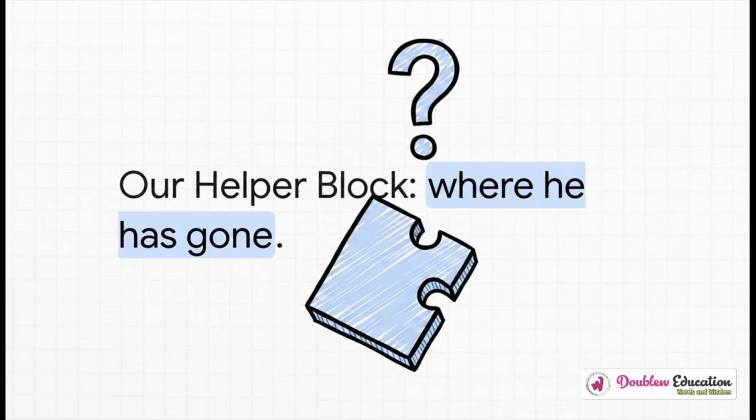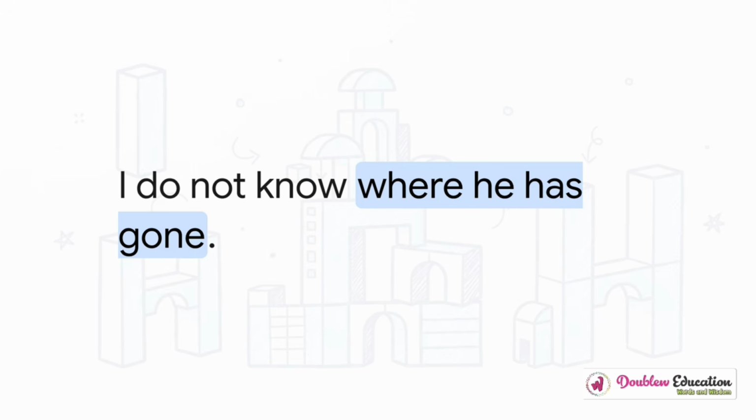It needs our strong block for support. But look what happens when we attach that helper block to our strong block. Suddenly, we've created a much more detailed and interesting structure. This is a complex sentence. One strong piece and one helper piece, working together perfectly.